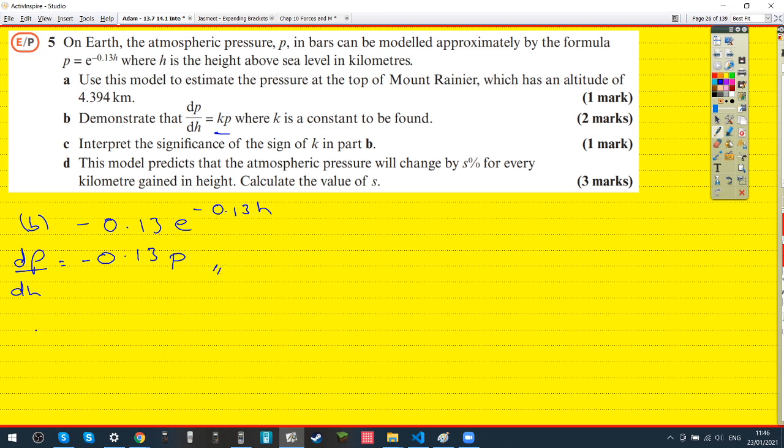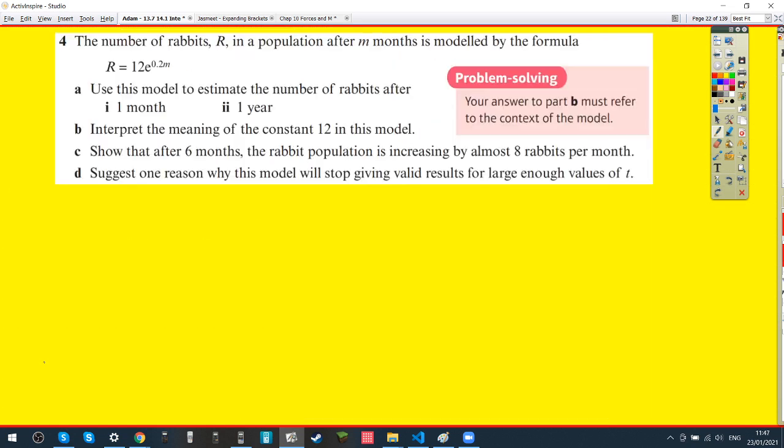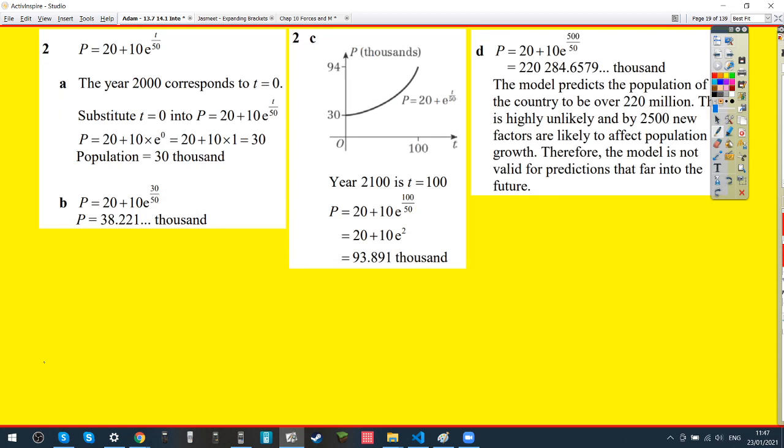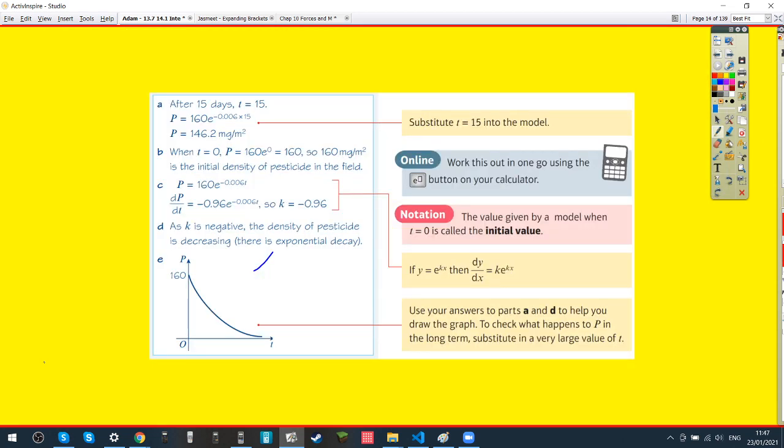C. K is negative. Therefore, as K is negative, the density of pesticide is decreasing.